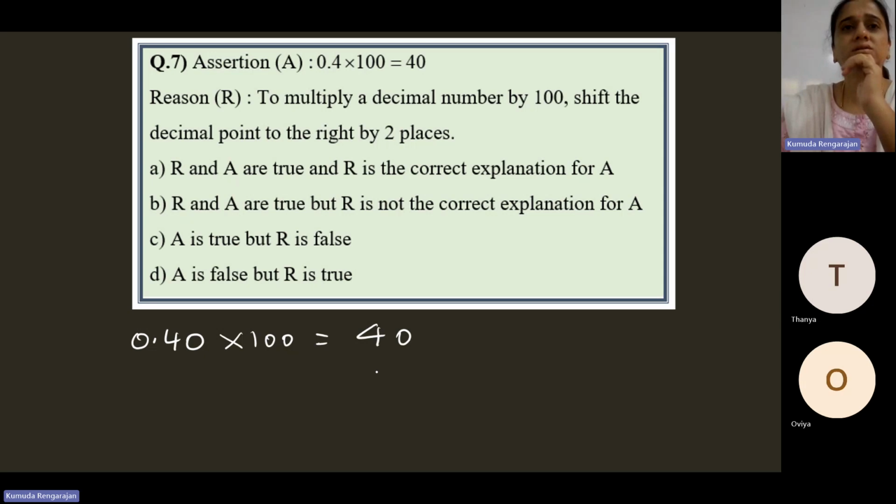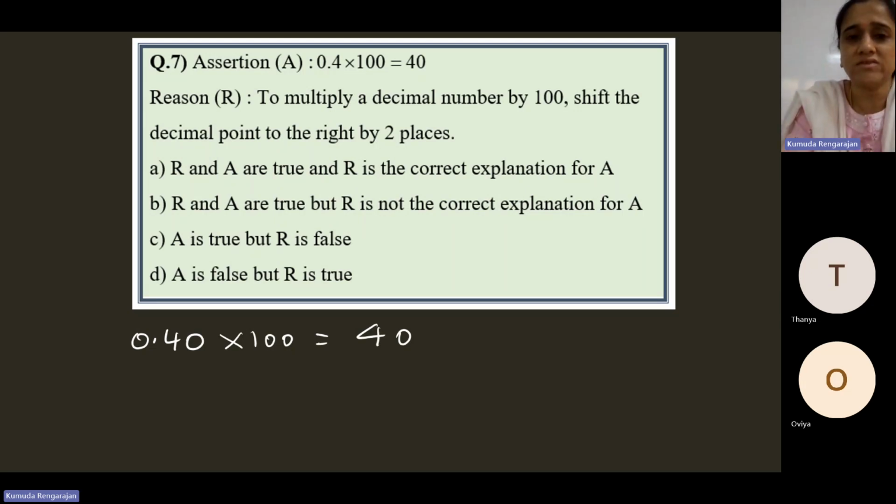All right. So the assertion is true. 0.4 into 100 is equal to 40 is true. The answer is correct. To multiply a decimal number by 100, shift the decimal point to the right by 2 decimal places. Correct. So both assertion and reason are true, and the reason is the correct explanation for the assertion.